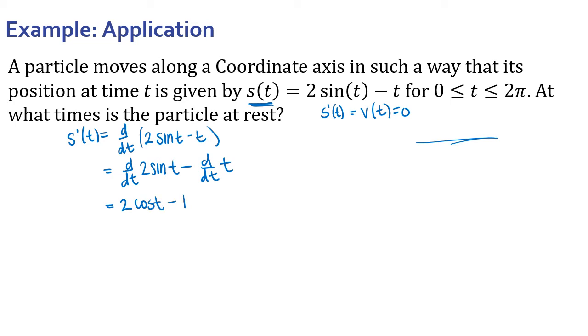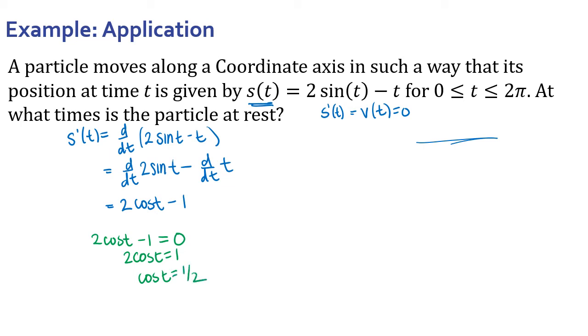So I'm needing to solve where 2 cosine of t minus 1 equals 0, to figure out when it's at rest, so when it's not moving at all. So let's solve that. I'm going to add 1 to both sides. I get cosine of t equals 1/2.